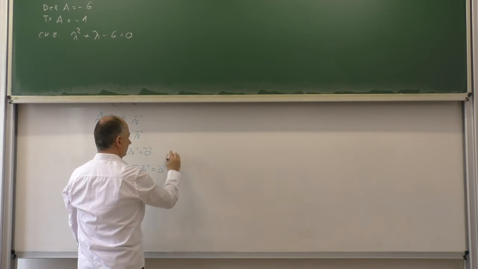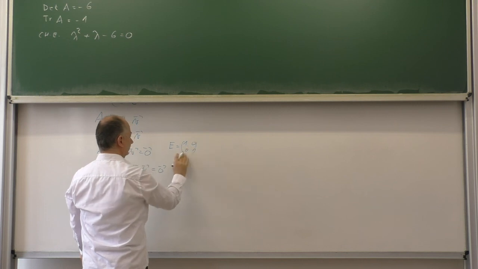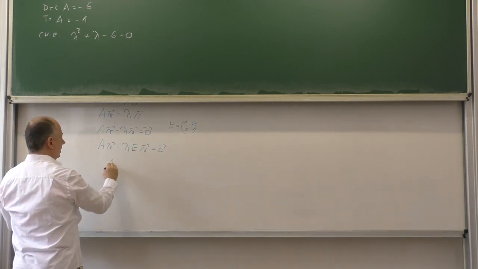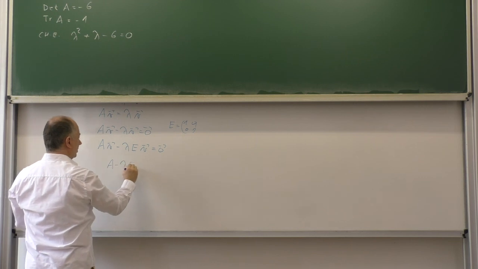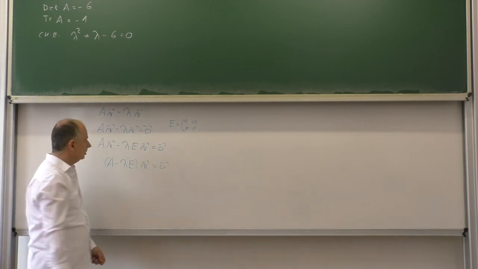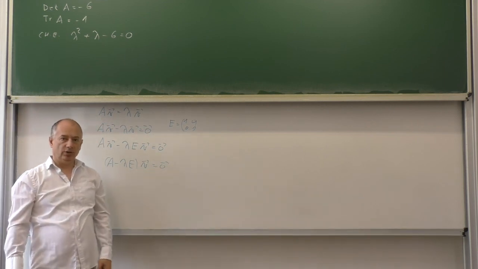where E is 1, 0, 0, 1. Now we can factor out V and we have A minus lambda E times the vector V is 0. This is a matrix, this is a vector, and we want this product to be 0.